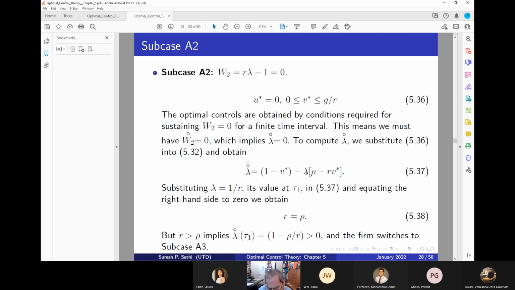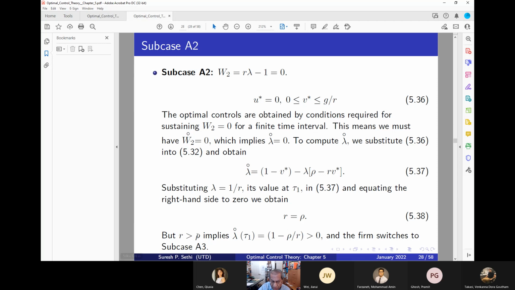So it's 1 by r, and you have to solve these. You're going to simplify this, and you'll find that r equal to rho is the only way we can maintain lambda circle equal to 0, because we have to cancel that one and that minus lambda by rho to make it 0, and the only way to do that is r equal to rho.